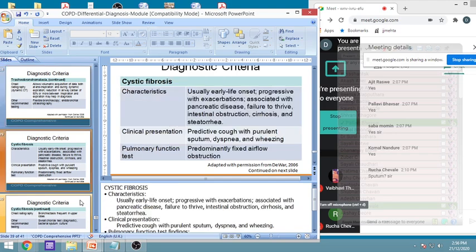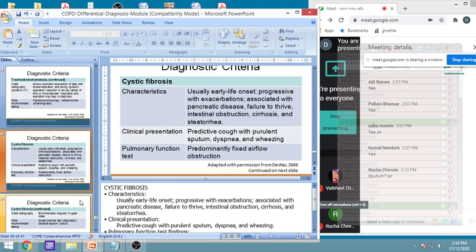Cystic fibrosis is another disease which causes a decrease in lung function and can have similarity with COPD. It can be early life onset, progressive with exacerbation, associated with pancreatic diseases, failure to thrive, intestinal obstruction, also cirrhosis and steatorrhea.